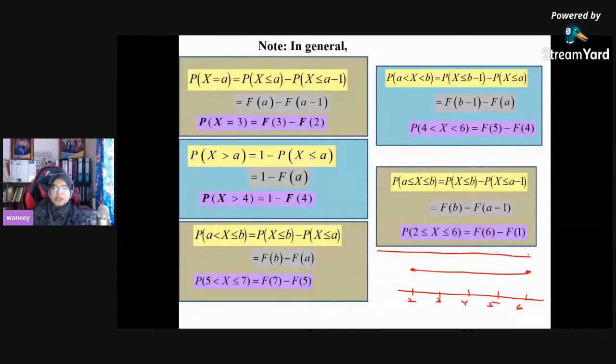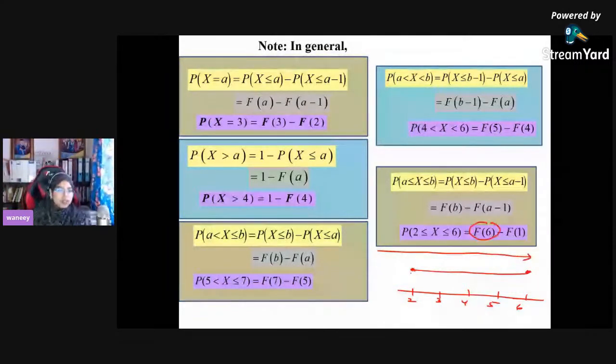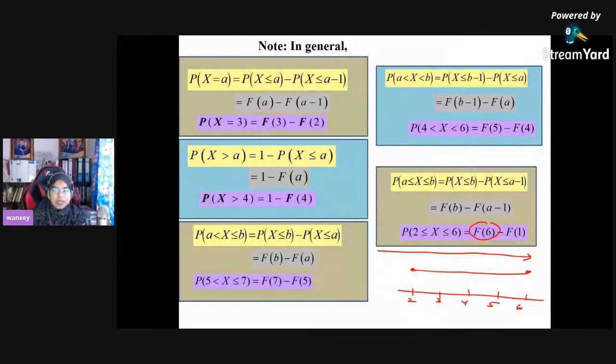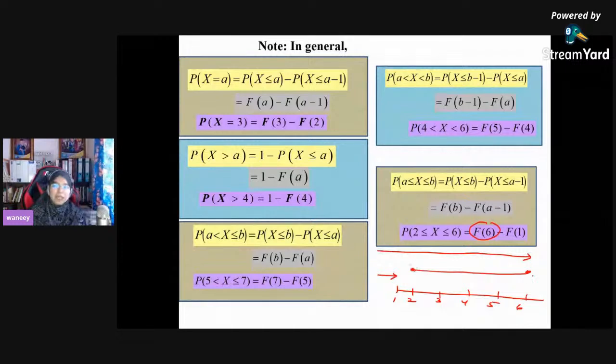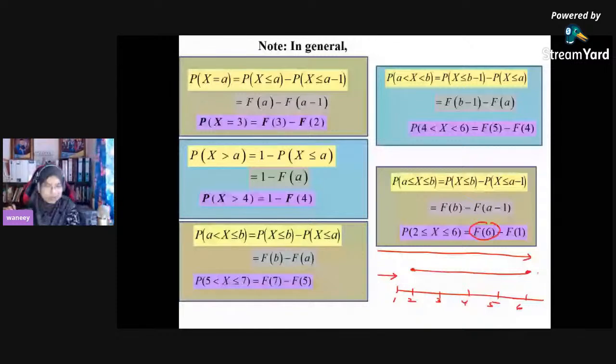So this is why we have F(6). And then I want the 2 as well, so I cannot minus F(2) because I'm deleting the 2 as well. So I should minus the one before the 2, so the number is 1. So I will delete from the left hand side up until 1, so that I will be left with 2 up until 6. Okay, so hopefully you get that. Now we're going to do calculations for them.